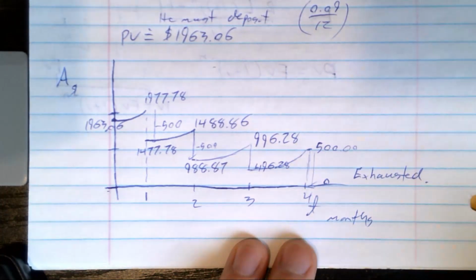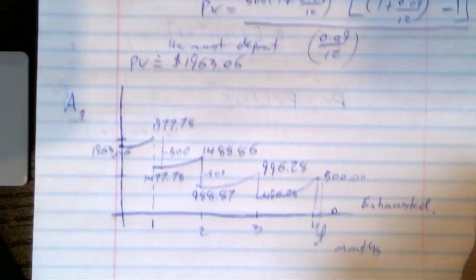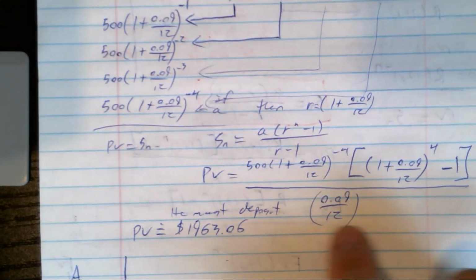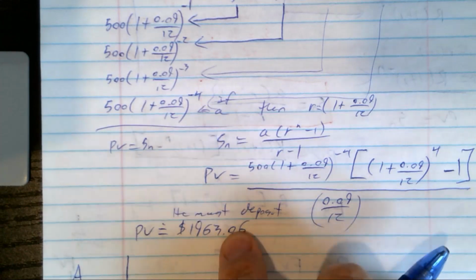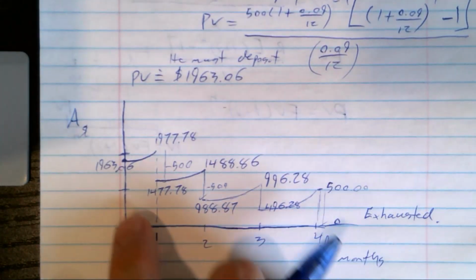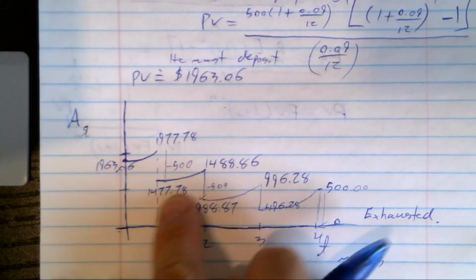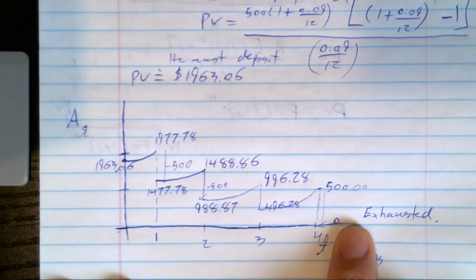I always thought it was really cool that these calculations figure out exactly how much I would need to deposit so that this step pattern happens: it grows, I subtract, it grows, I subtract, it grows exactly to 500, round it off, I subtract, and then it's exhausted.